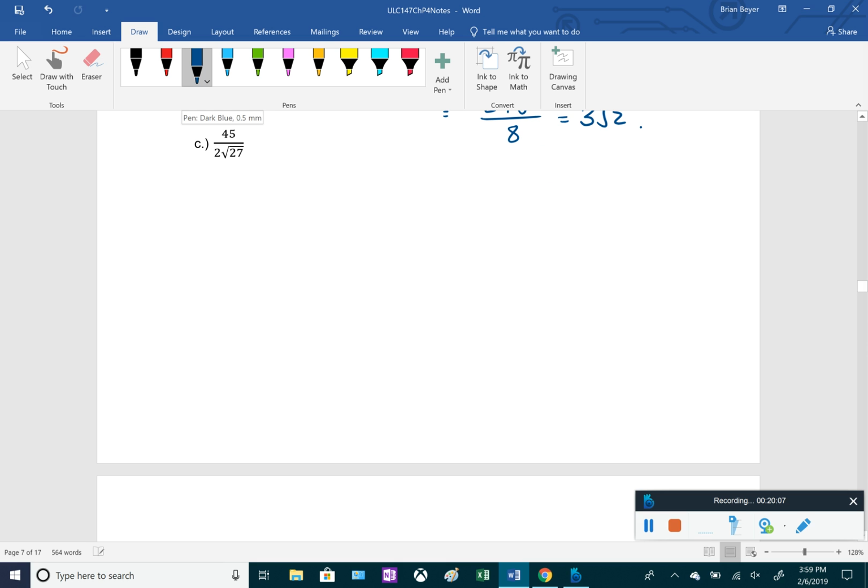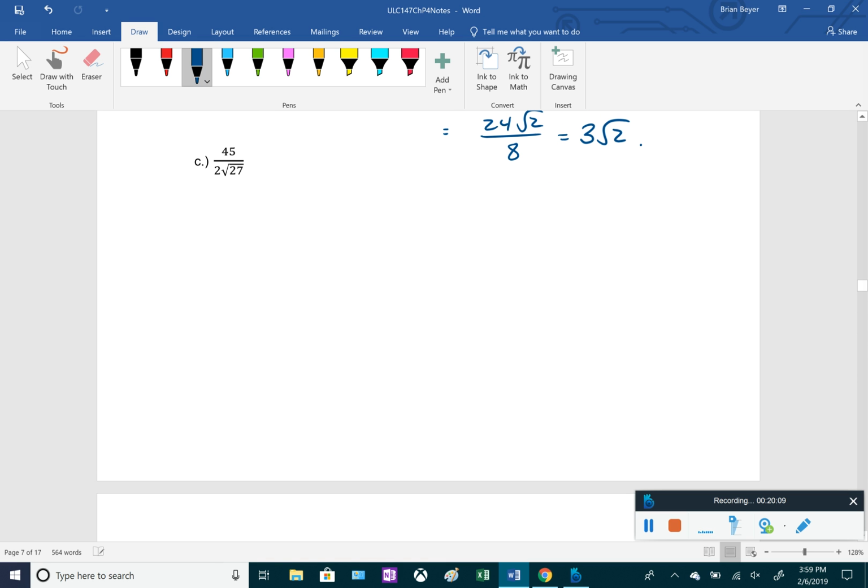Next one, we got 45 over 2 radical 27. So what we're going to do for this one is we're going to multiply by radical 27 over radical 27. We don't need to include that 2 from the denominator, just the radical. That's all we're trying to get rid of.